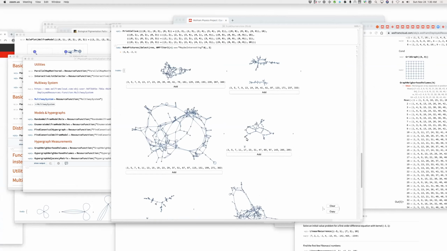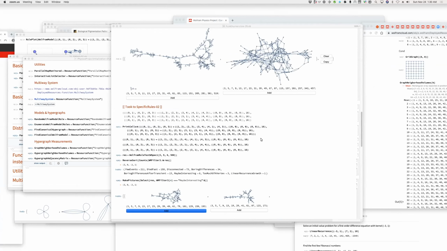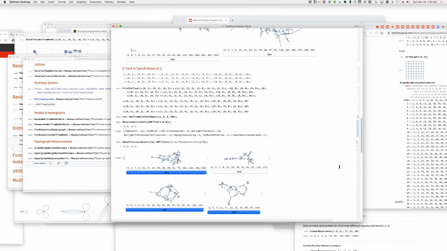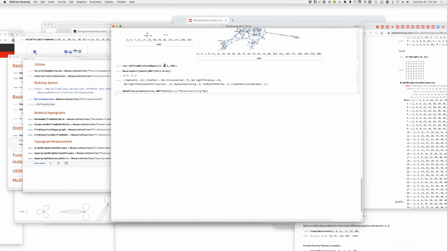This is a remarkably fertile domain here. We're just seeing a lot more. There's just 3 on the left-hand side. I just want to see whether... Let's just go 2 to 3.